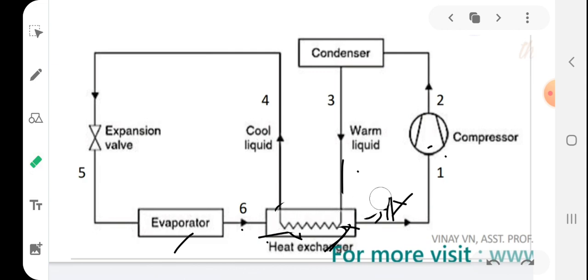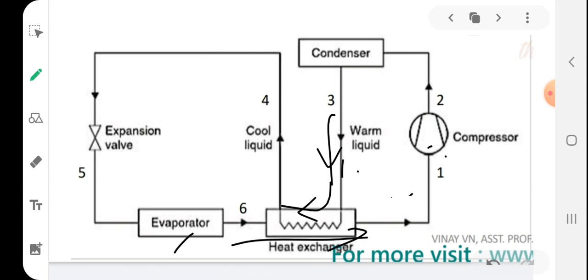Once more: the warm saturated refrigerant liquid coming from the condenser exchanges heat with the relatively cool refrigerant vapor from the evaporator. The cool vapor absorbs heat from the warm liquid refrigerant coming from the condenser. So here there is a heat exchange.